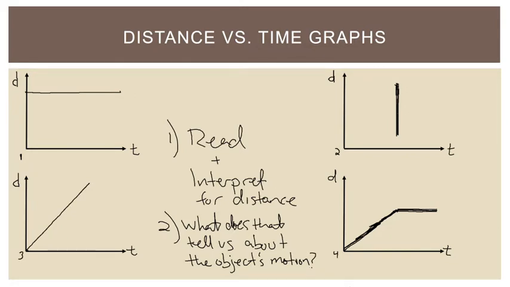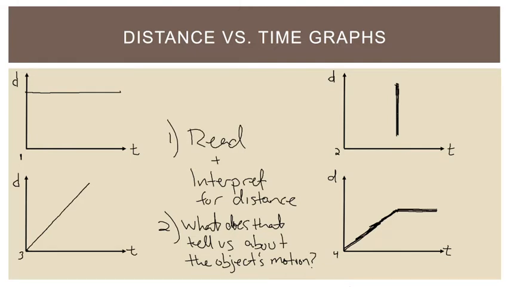Okay, so remember what we said here: to read and interpret the graph, you have to ask yourself the question, what is happening to the y-axis variable as the x-axis variable is increasing? Looking at the graph, since the x-axis variable is time, you would ask yourself, what is happening to the distance as the time increases.